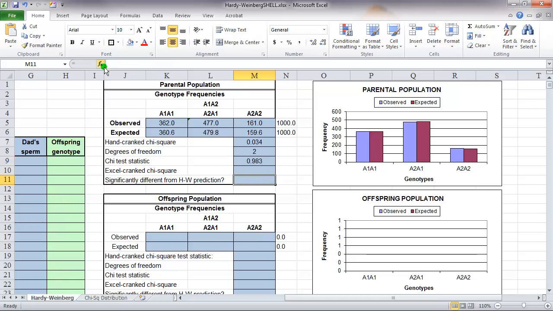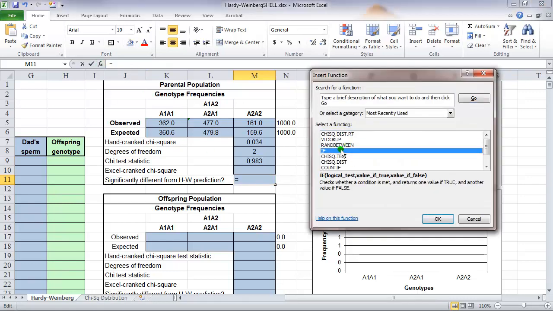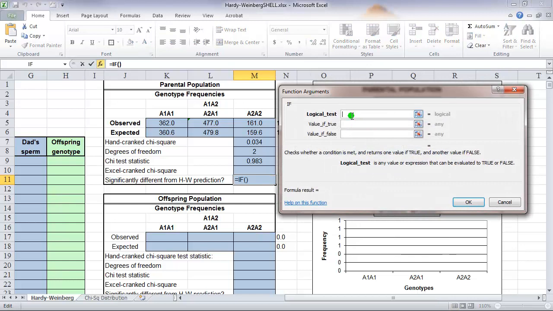We'll use an IF function here to invoke that 5% rule. We'll ask if this number, the chi-square test statistic, this is the percentile, is less than or equal to 0.05. If it is, it's in the far right-hand portion of the chi-square distribution, and so we would say yes, it's different than what Hardy-Weinberg predicts.